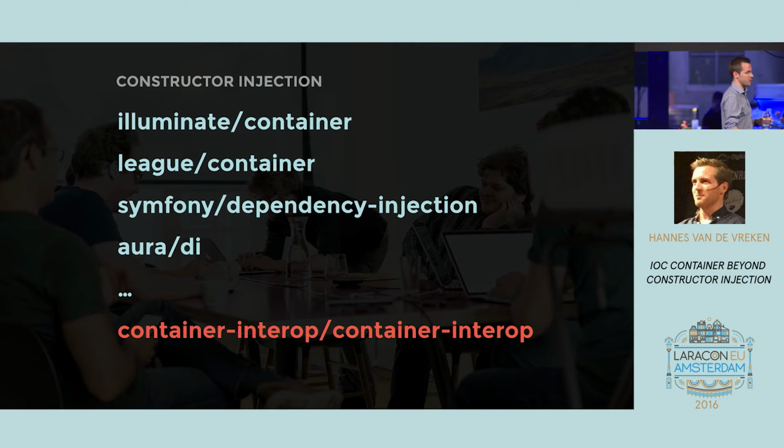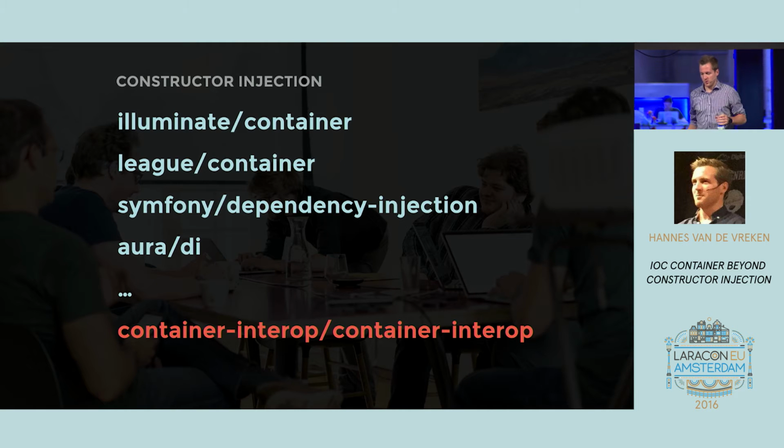If you have a microservice that you want to use a different container in, then you can swap that by using the container-interop interface. Note that the Laravel container does not adhere to this interface, but that's solvable by just wrapping it in an adapter. So no big deal.